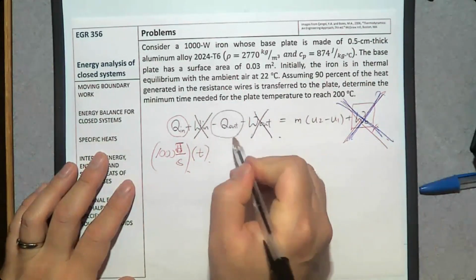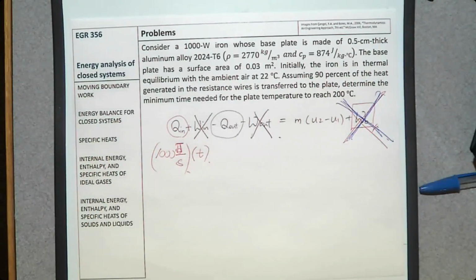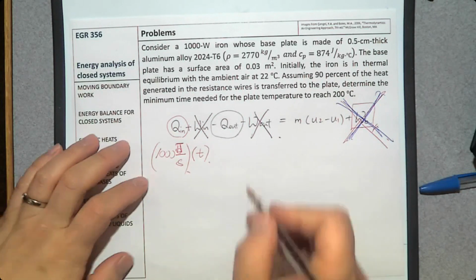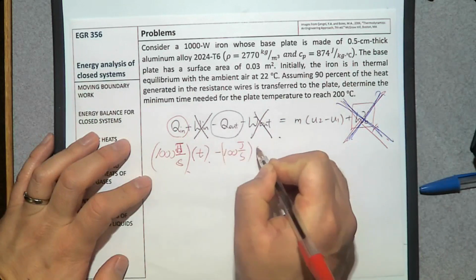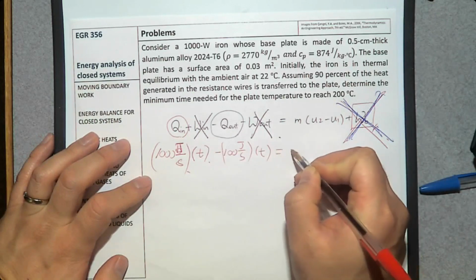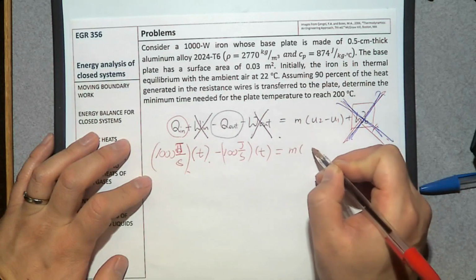And what about heat loss? Only 90% of the heat generated in the resistance wire is transferred to the plate. So out of this, 10% is going to be lost. What is 10% of this? From 1000, 10% is going to be 100. So 1000 minus 100 joules per second times t is going to be mass times (U2 minus U1).